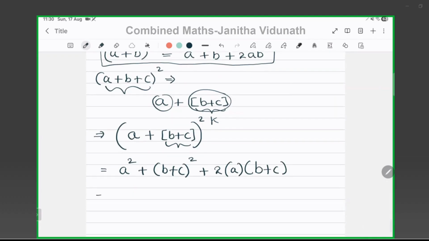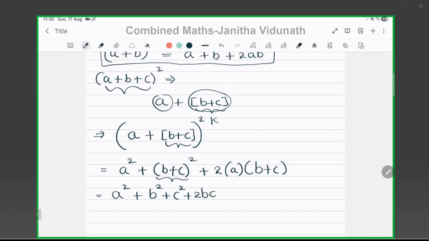Then we have this as a square. We can expand this also. From this we get square of the first term, square of the second term, plus 2 times multiplication of those two terms.